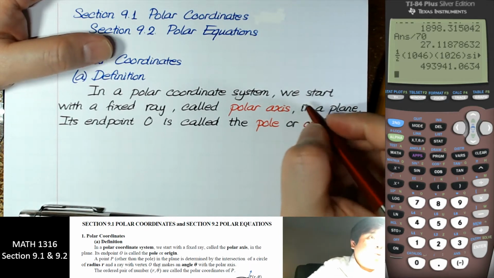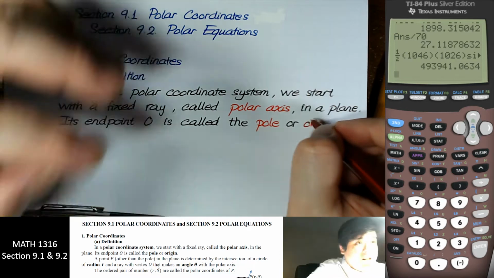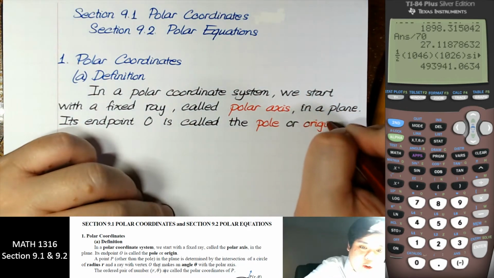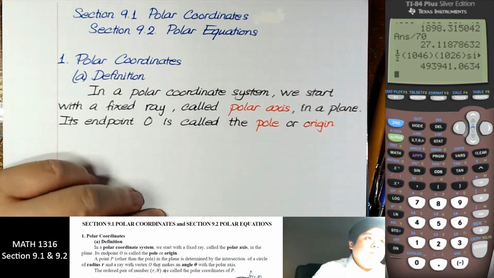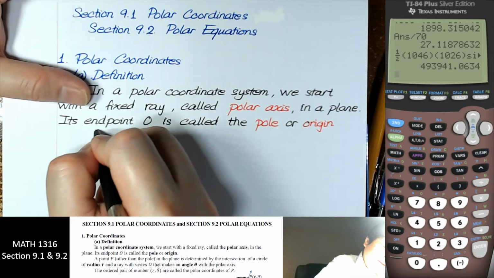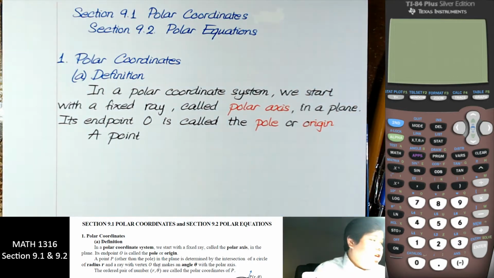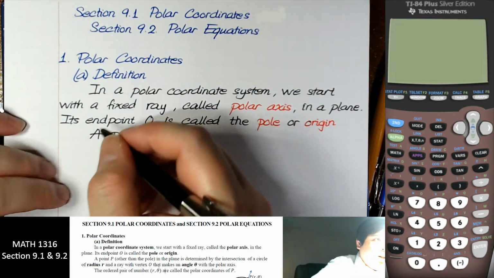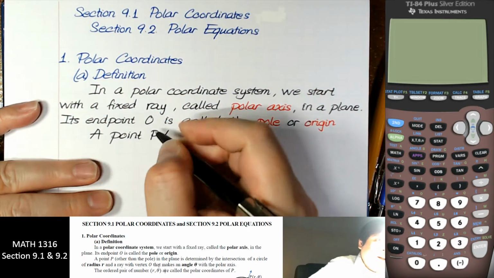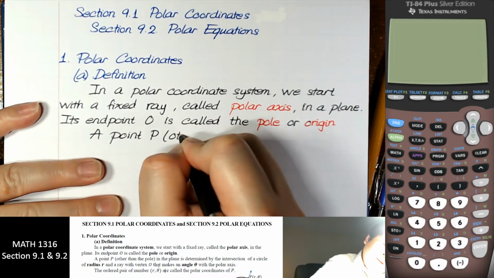Or equivalently, in the Cartesian or rectangular coordinates, called the origin. Just going to write out the definition first, and then we'll try to write a point P other than the pole.